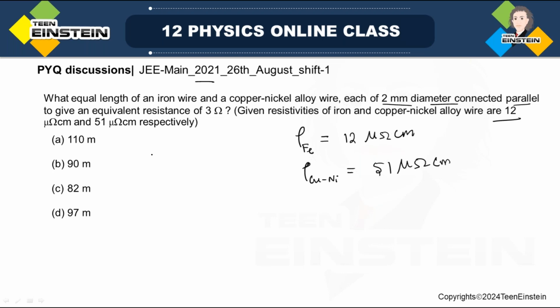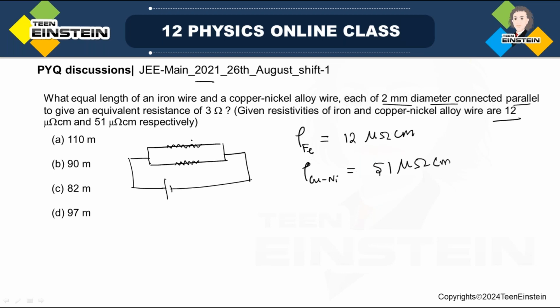What equal length? So suppose there are two wires, iron and this alloy. So they are connected in parallel. Okay, they are connected in parallel. So that means you have two resistors. They are connected in parallel.